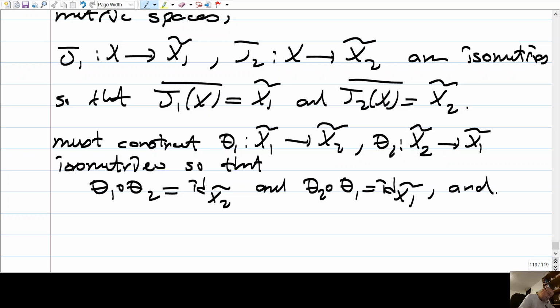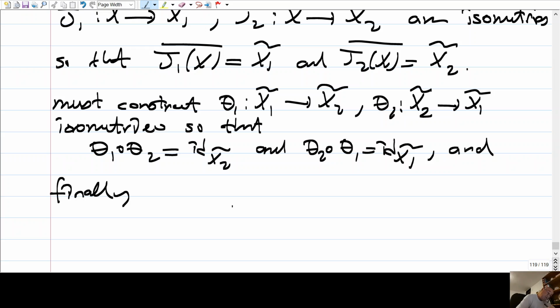And finally, I have to have this. So all these constructions commute with this inclusion. So here I have, let's say, J1, J2.